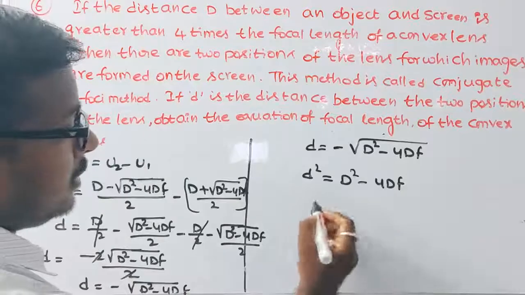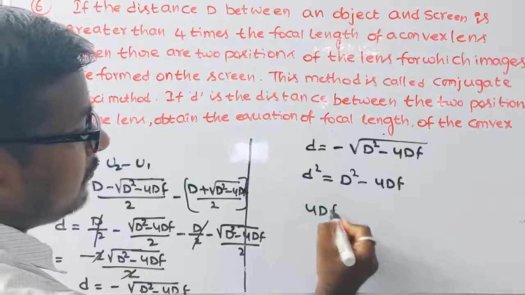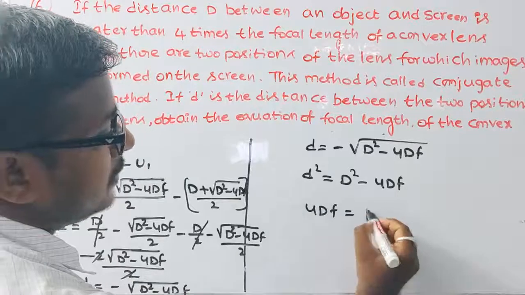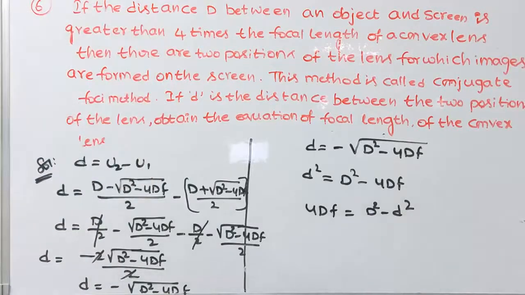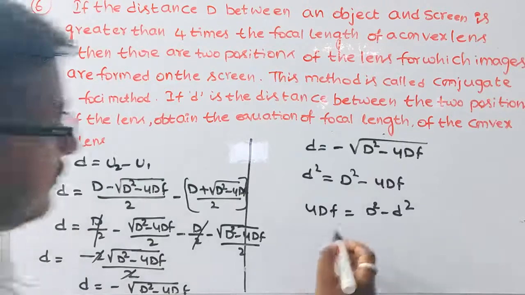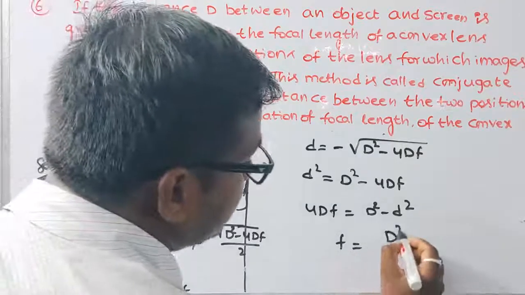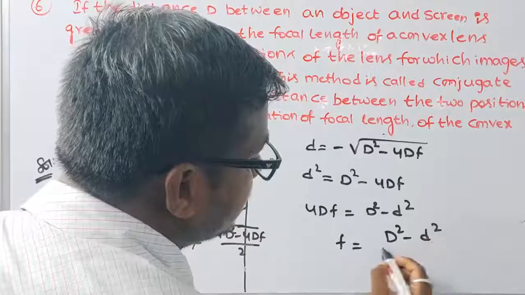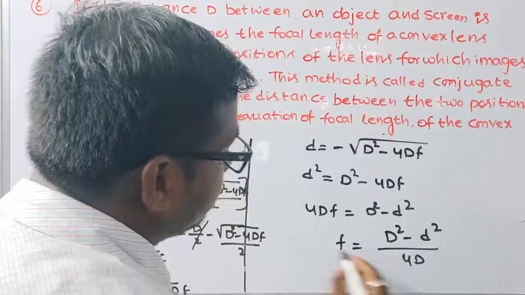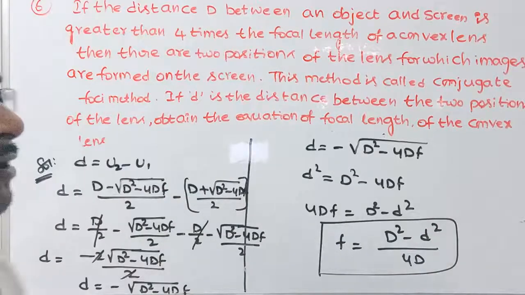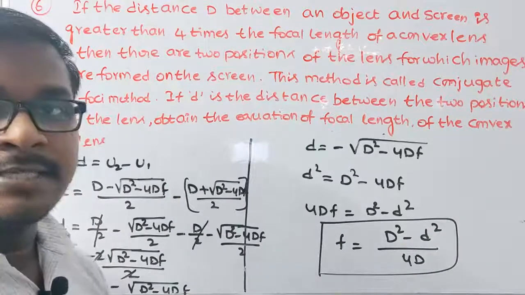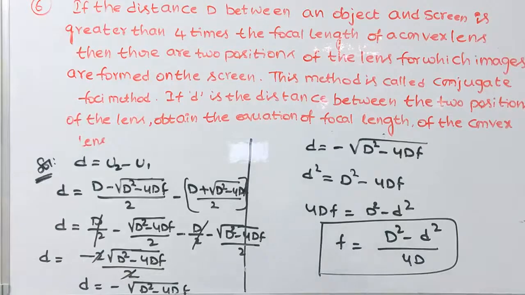So 4df is equal to capital D square minus small d square. Then f is equal to D square minus small d square by 4D. This is the focal length of the convex lens. Okay, this is the problem. It's a very important problem, very easy.